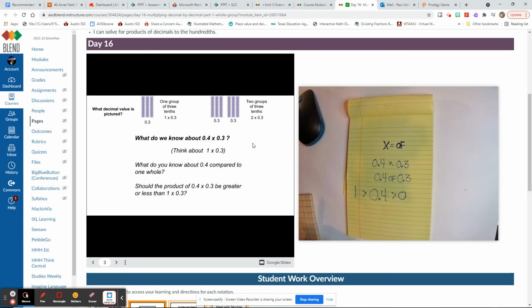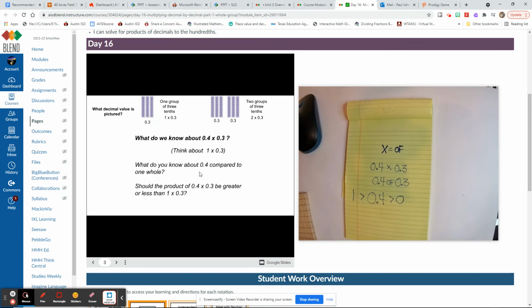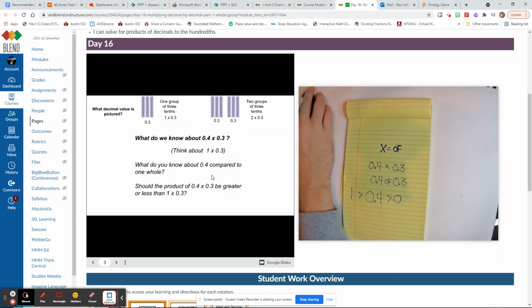and 3/10. So what it says here is, what do you know about 4/10 compared to one whole? 4/10 is less than one whole. 4/10 is not even 1/2. 4/10 is 4 of these. Should the product of 4/10 times 3/10 be greater or less than 1/10 times 3/10?